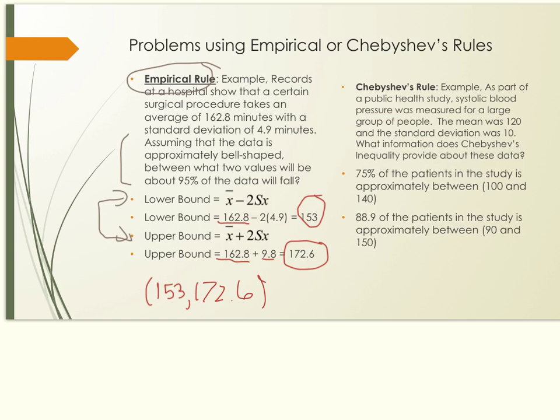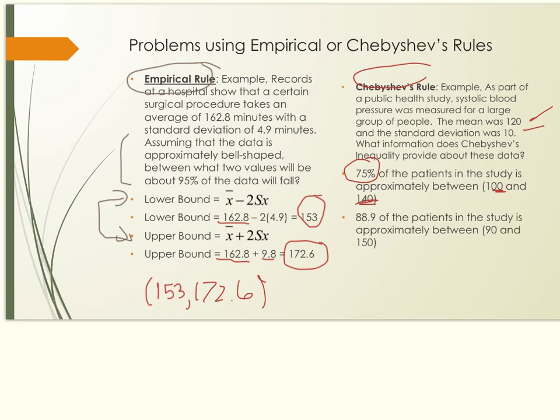So now we're going to take a look at Chebyshev's rule. The example here is a public health study. Systolic blood pressure was measured for a large group of people. The mean was 120. The standard deviation was 10. What information does Chebyshev's inequality provide about these data? Well, for 75% of the patients, the study is approximately between their blood pressure for systolic is between 100 and 140.